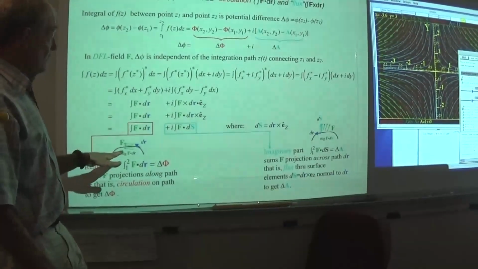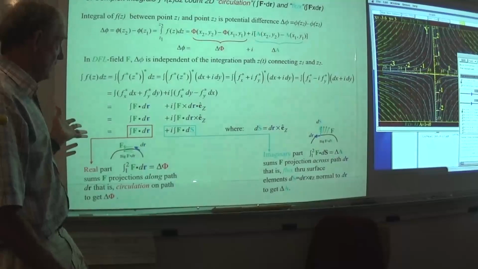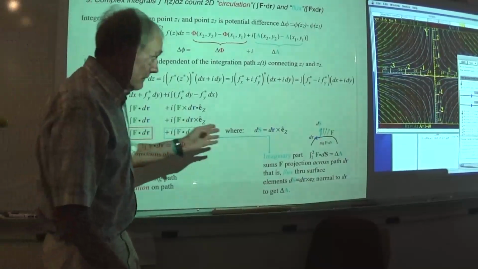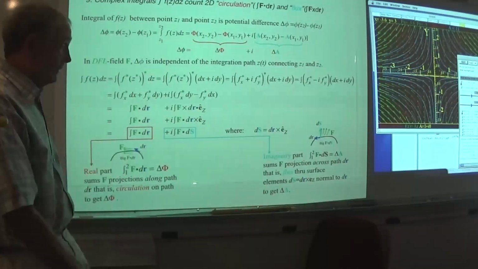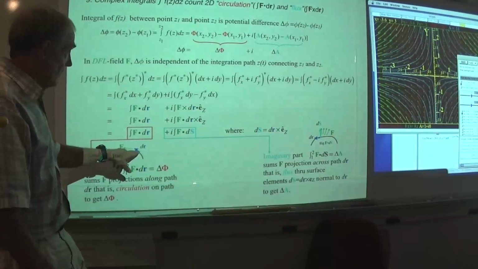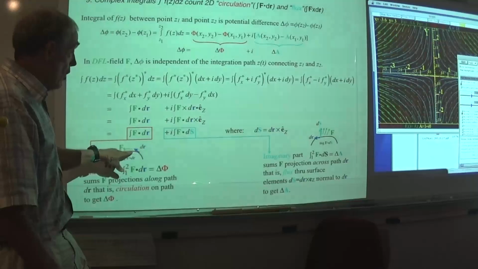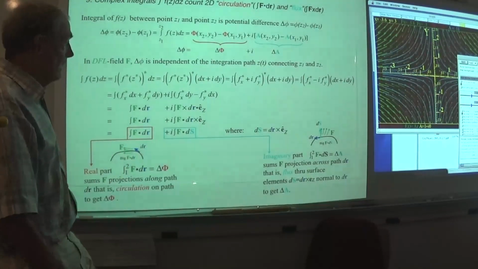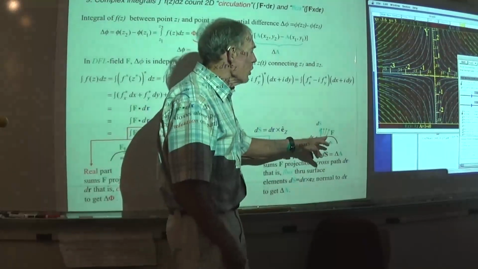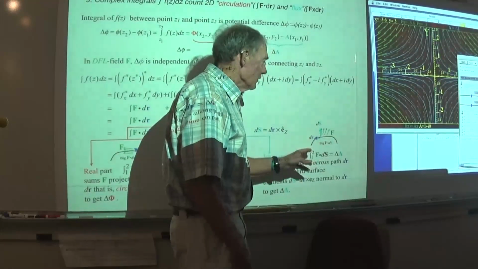So, if you just want to work with scalar potential, fine, go ahead. But this is another way to do the same problem that's giving you a flux integral. This one is just how much do we have along a curve summed up. And this is how much did we encounter crossing the curve summed up.